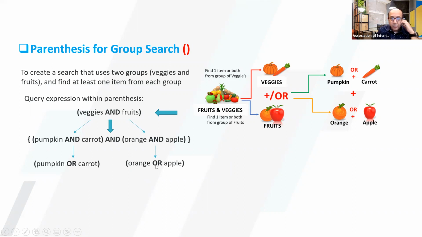So there's one option and two options. Now the query has to find from the basket either one of these from the two groups, which means either find pumpkin or carrot, or find orange and apple. So you need at least one fruit and at least one vegetable. If you turn it into an expression of a search query, you would write it like this, right? Pumpkin or carrot and orange or apple.